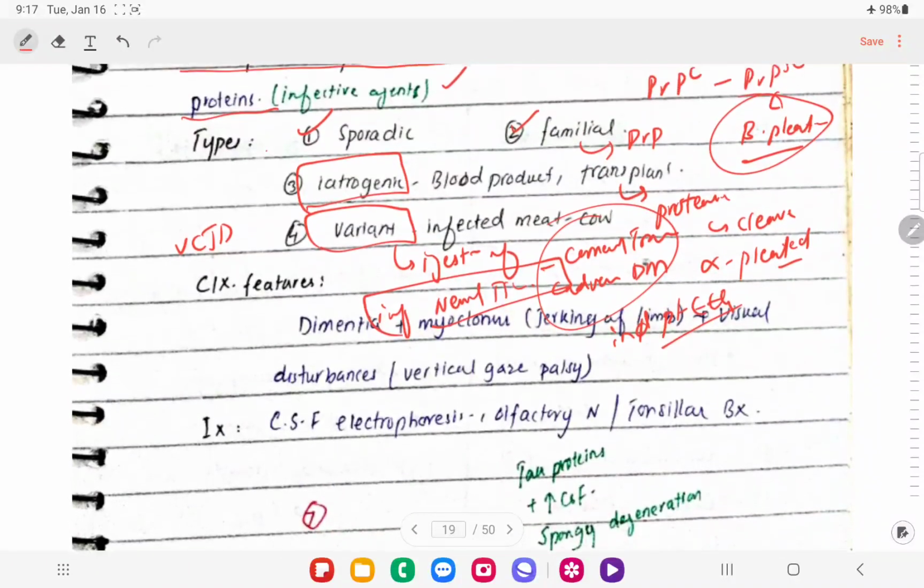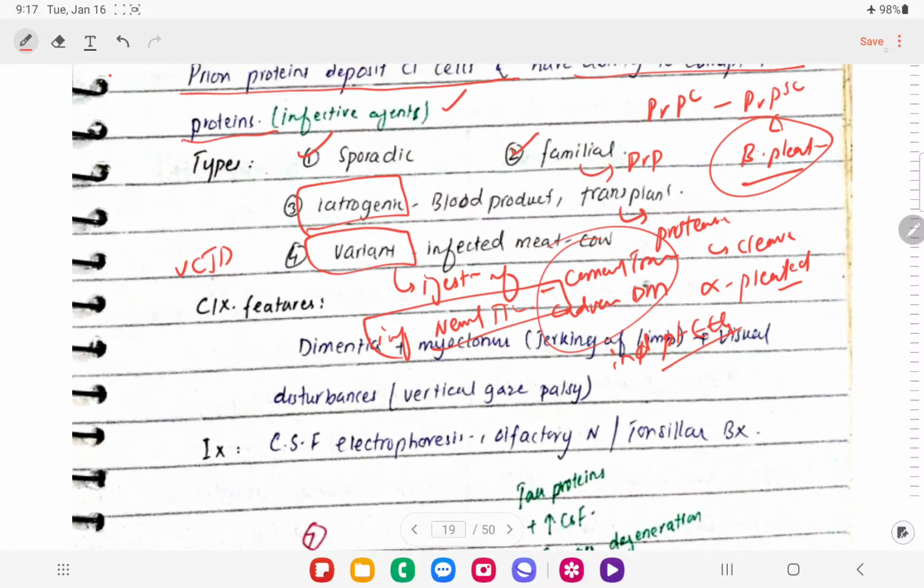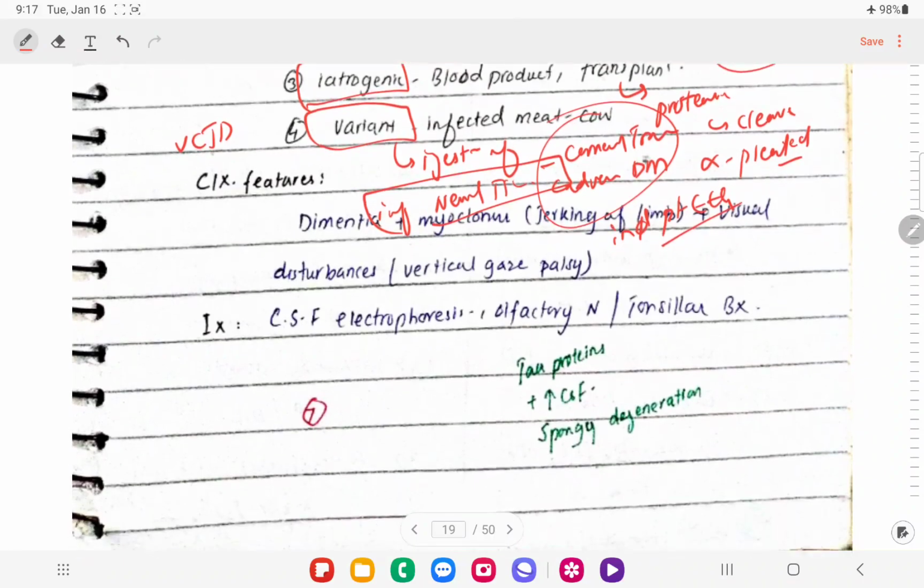Actually, if we talk about the triad of human prion disease, we'll have cortical spongiform changes, we'll have neuronal cell loss, and there will be gliosis. So if I just draw the triad here, this is the human prion disease.